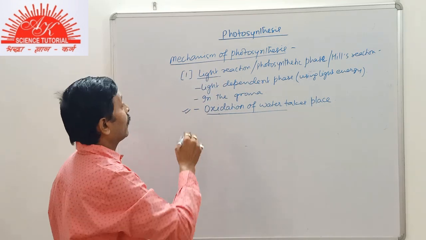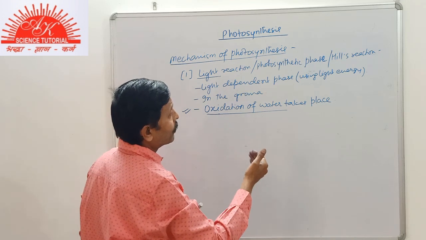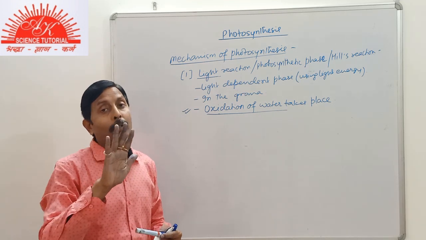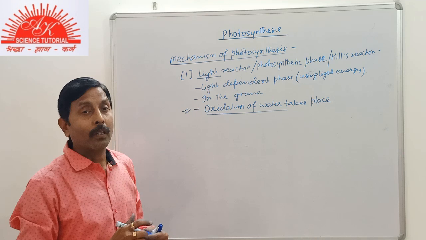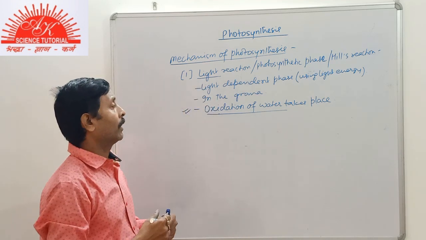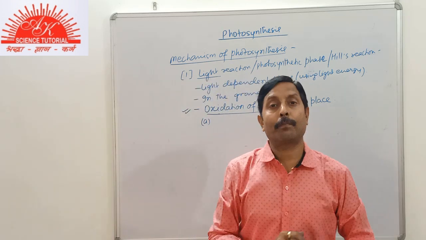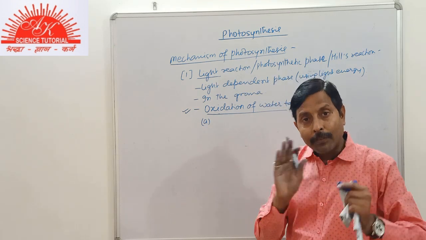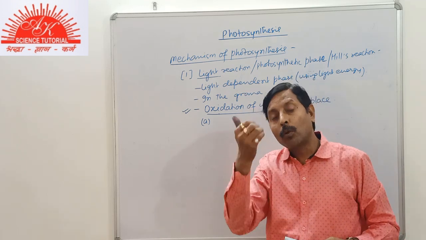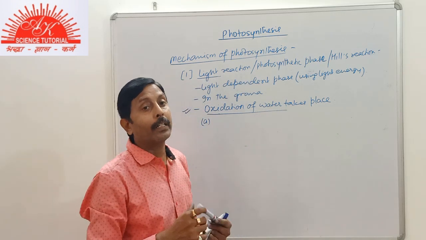Now, light reaction which takes place in the presence of sunlight or using solar energy completes in 5 main steps. Sometimes it is asked, write the events taking place during light reaction. So light reaction takes place in 5 basic steps. In the first part, students, the chlorophyll absorbs solar energy and uses it for other reactions.